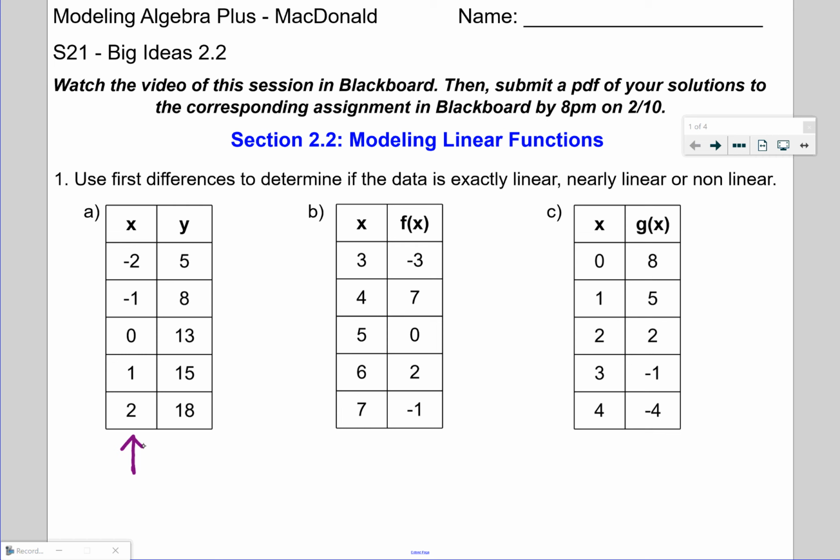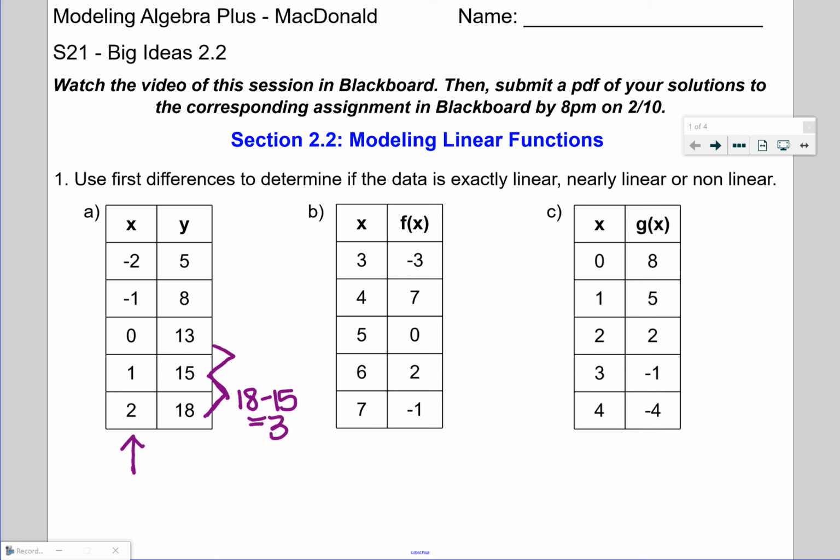When we find first differences, we're going to take two values of y that are next to each other, consecutive, and subtract them, doing the later one minus the earlier one. So in this case, 18 minus 15 gives us 3.